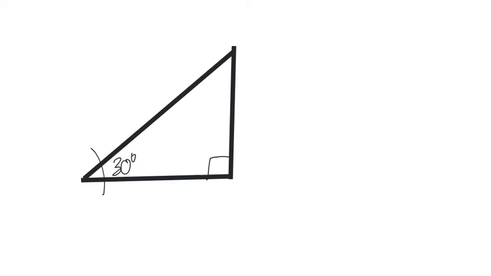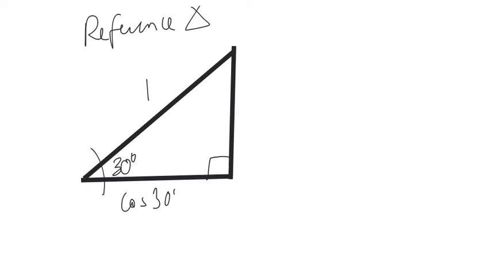On my reference triangle, the hypotenuse is 1. On the adjacent side, I have cosine of 30 degrees, and on the opposite side, I have sine of 30 degrees. Now, these are numbers.